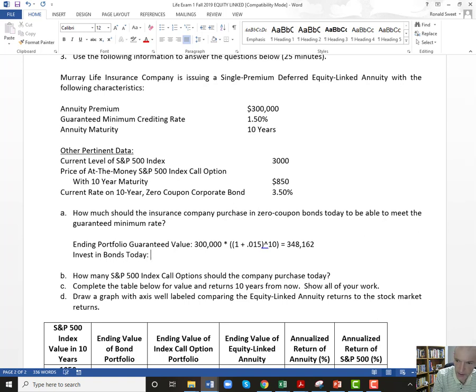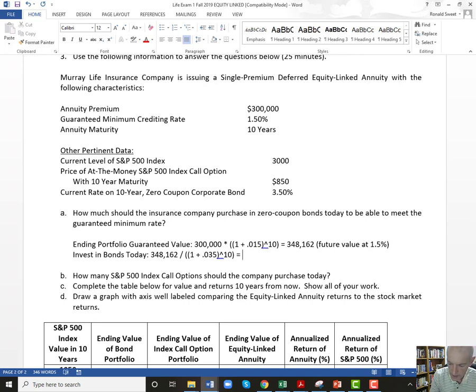Well, that's going to be $348,162 divided by 1 plus 0.035 raised to the 10th. So we get this is the future value at 1.5%.